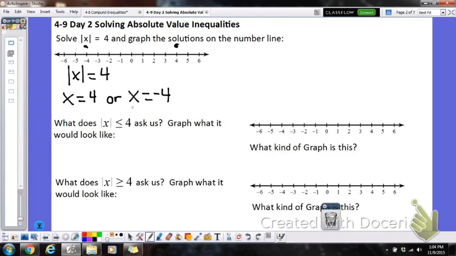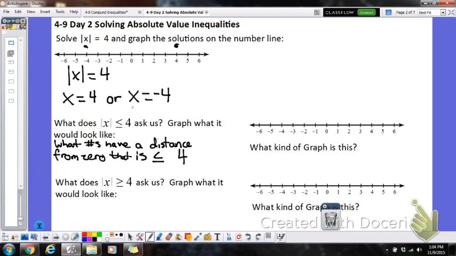This absolute value of x is less than or equal to 4 is asking us, what numbers have a distance from 0 that is less than or equal to 4?